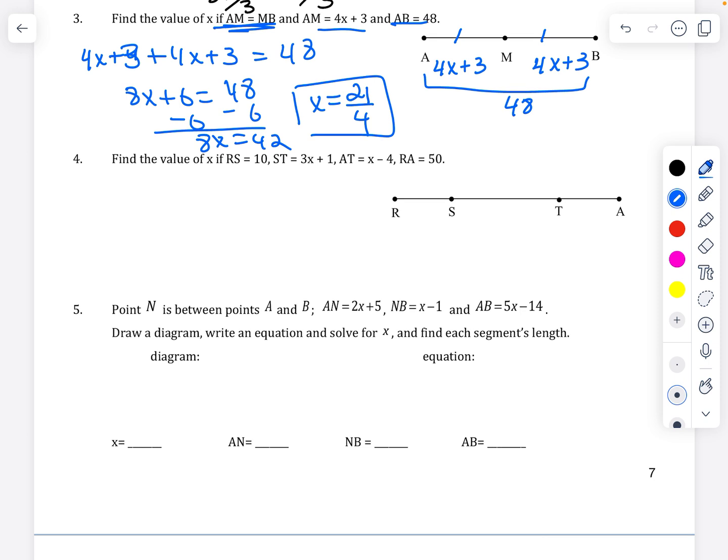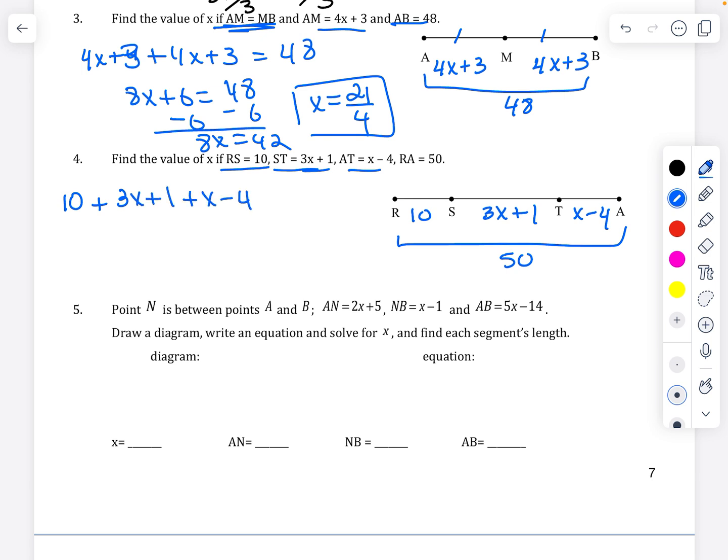Okay, this last one here, same thing. Let's label our picture. This one is 10. This one is 3x plus 1. AT is this one, which is x minus 4. RA is all of it, which is 50. Same idea, but this time you have 3 little pieces to get the whole thing, so we're going to add all the pieces together. So we've got 10 plus 3x plus 1 plus x minus 4 equals 50.